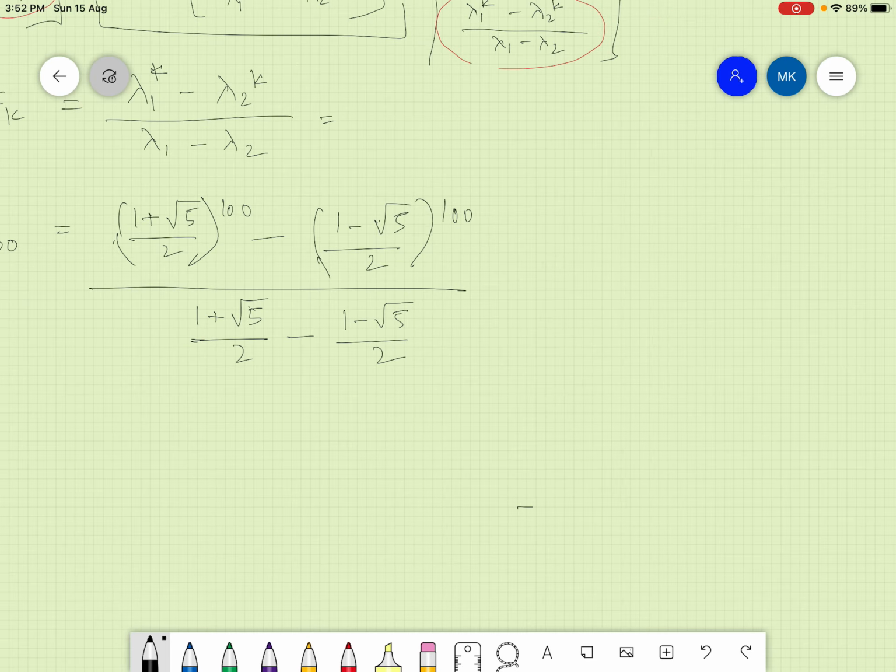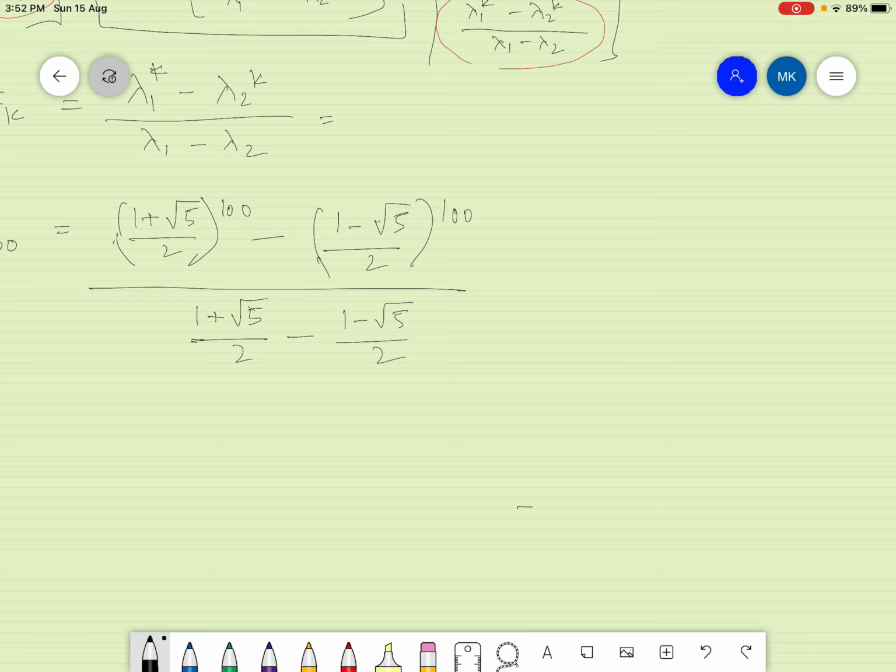Yeah, so I think if I'm not wrong, we would have 1 plus root 5 to the power 100 minus 1 minus root 5 to the power 100 divided by 2 to the power 100 into root 5.